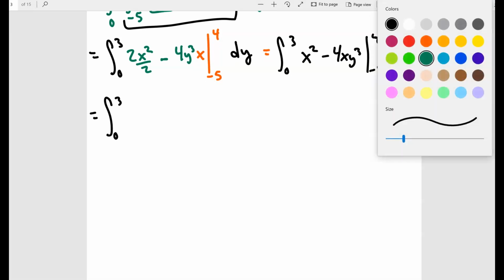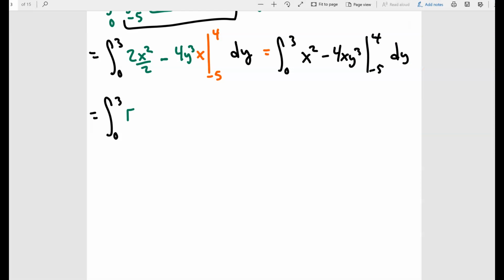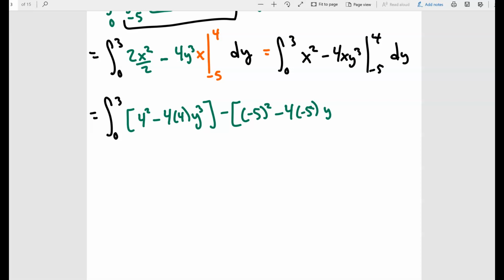I'm going to plug in my 4 first. So I'm going to have 4 squared minus 4 times 4, nothing for the y cubed. Minus, now I'm going to plug in my -5. -5 squared minus 4 times -5, nothing for my y cubed. And then I'm going to have my dy on the outside.